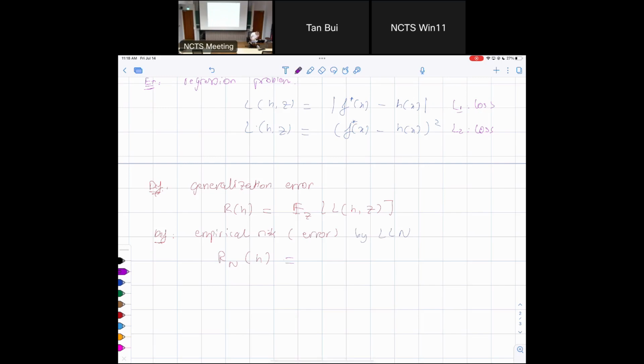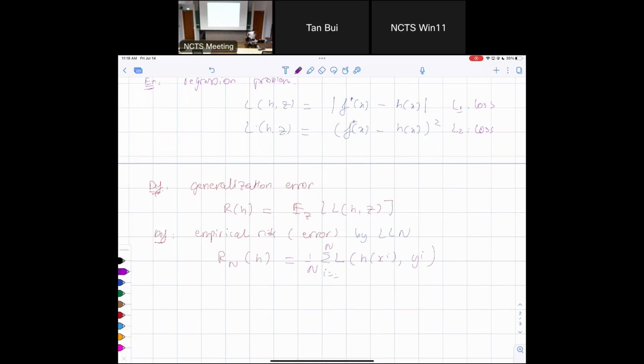We define the empirical risk as 1 over n times the sum of the loss of h of x_i, and we put z there, but we can also write f star of x_i or y_i to be very clear, with the summation i from 1 to n. So by the law of large numbers, we approximate the generalization error. We want to minimize the risk, but in practice we cannot. We're going to minimize the surrogate, the empirical version of that.